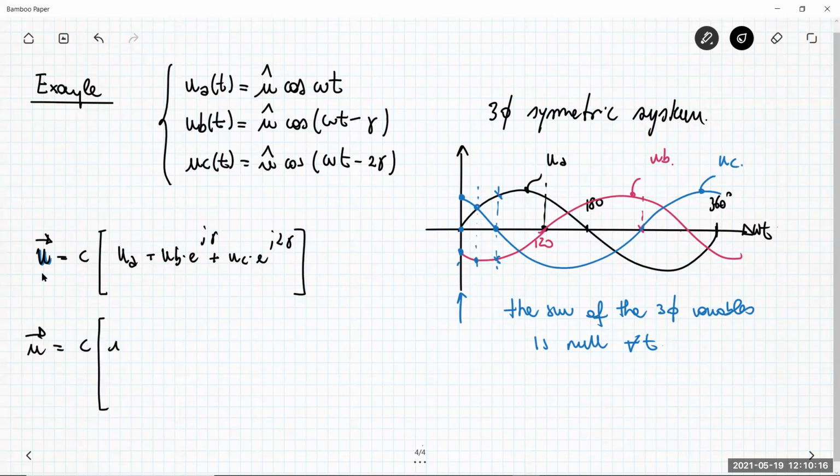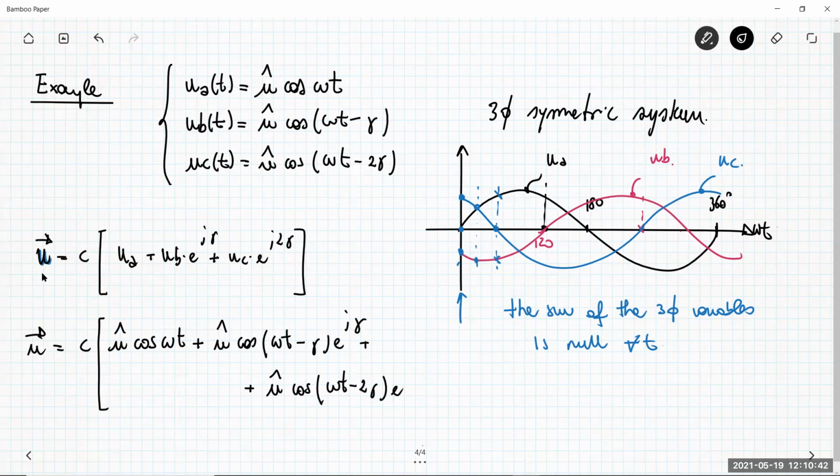And so you have U peak cosine omega t plus U peak cosine omega t minus gamma exponential j gamma plus U peak value cosine omega t minus 2 gamma e j 2 gamma. So I put UA, UB, and UC looking at my 3-phase system variables.